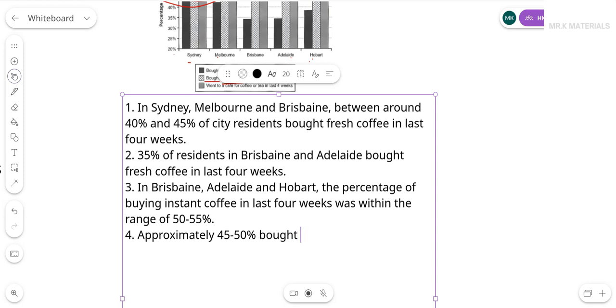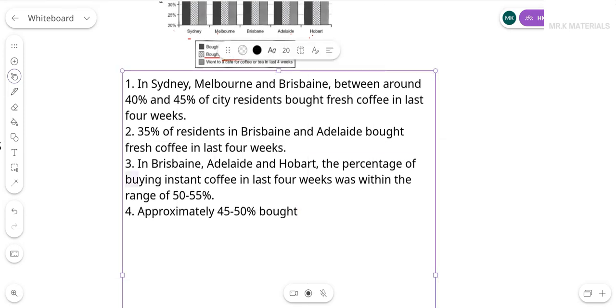Bought, right? So here it was as a noun, buying instant coffee. Here I'm using it as a verb, so I'm varying the structure. Bought instant coffee in the last 4 weeks in Sydney and Melbourne.